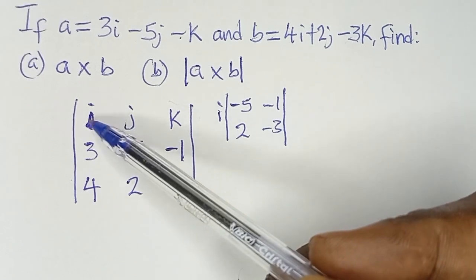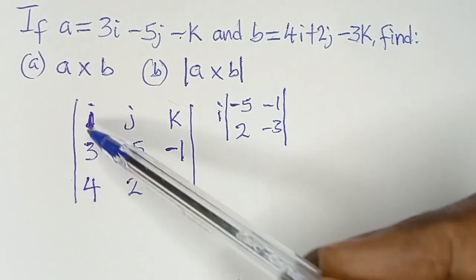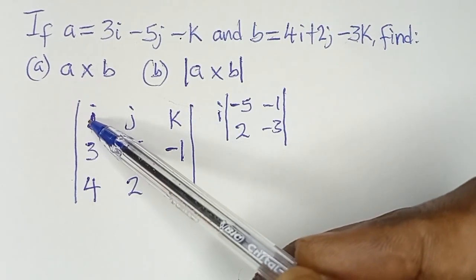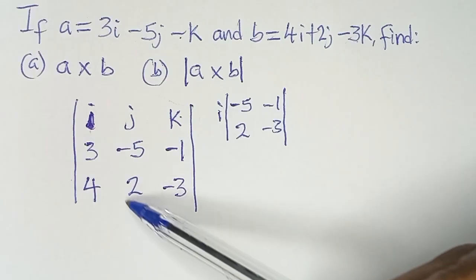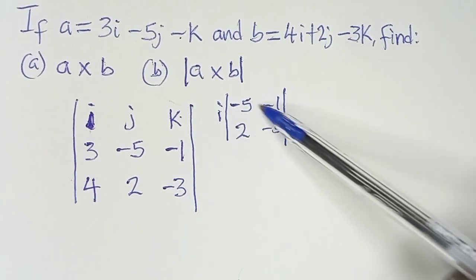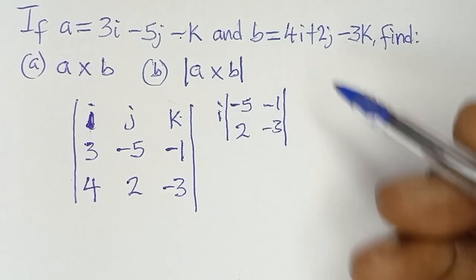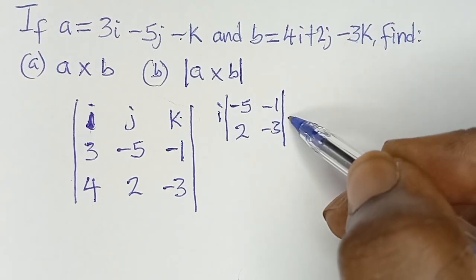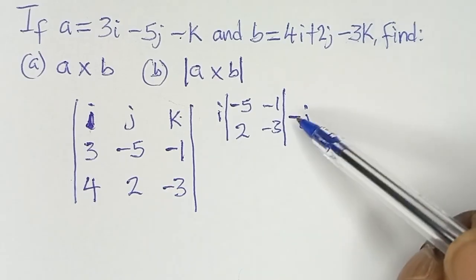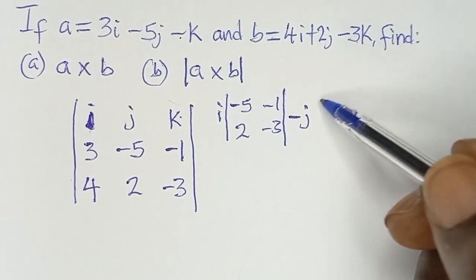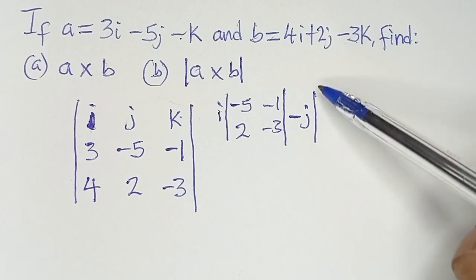Once you take a particular letter, the values along that row and under that column, you ignore them, and then you take the other values and form a 2 by 2 matrix. So the first one is positive I, then the next one in the formula, you have to take the negative J. Please don't forget, this second one must be negative.